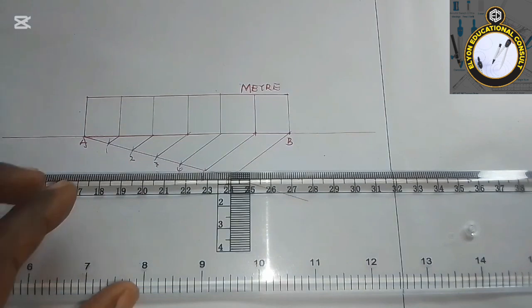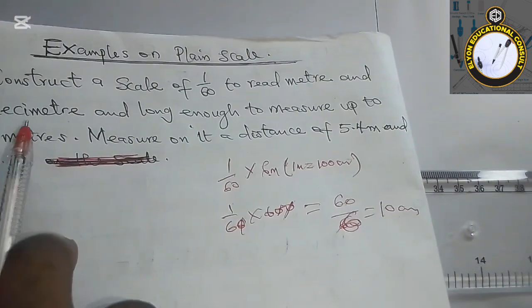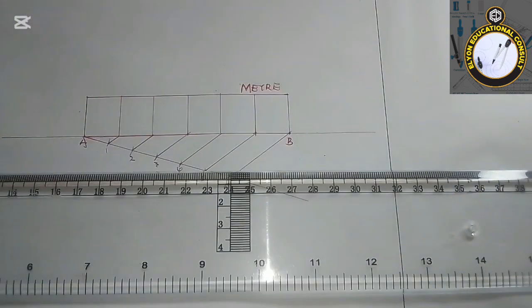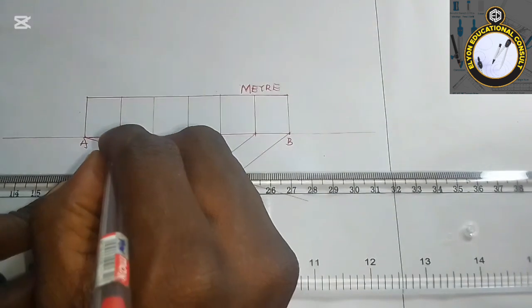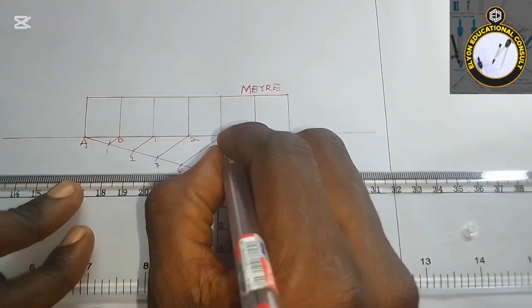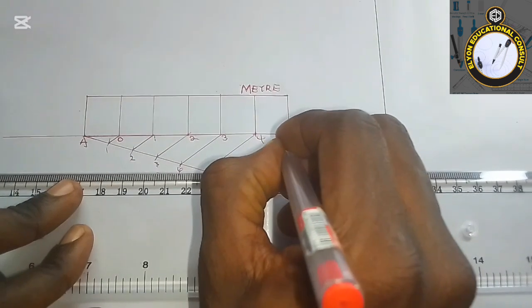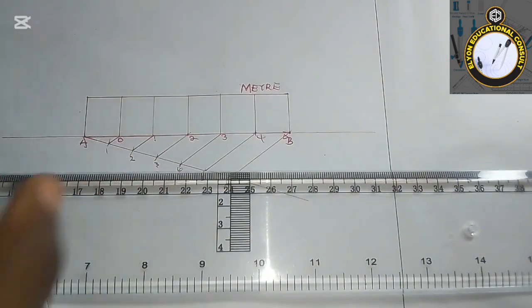The next thing I'm going to do now, I will need to get the decimeter part, so I will pick this side. I will number this scale like this. I will start here: 0, 1, 2, 3, 4, 5.